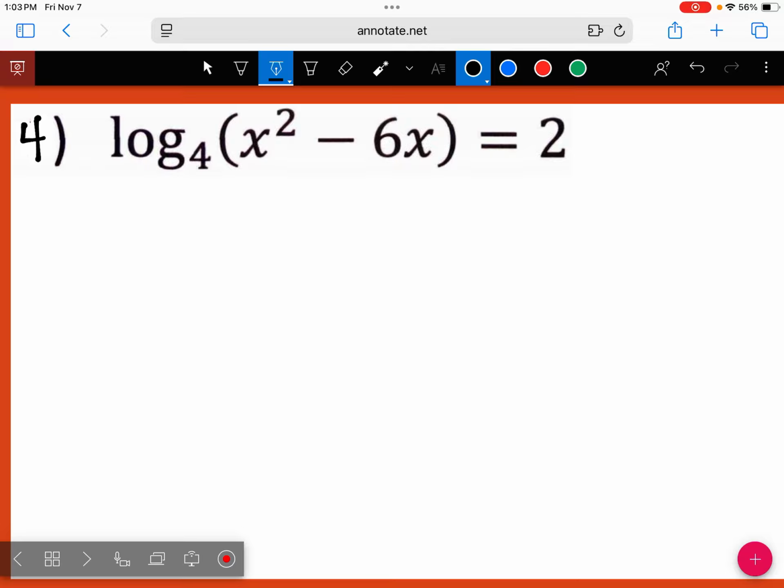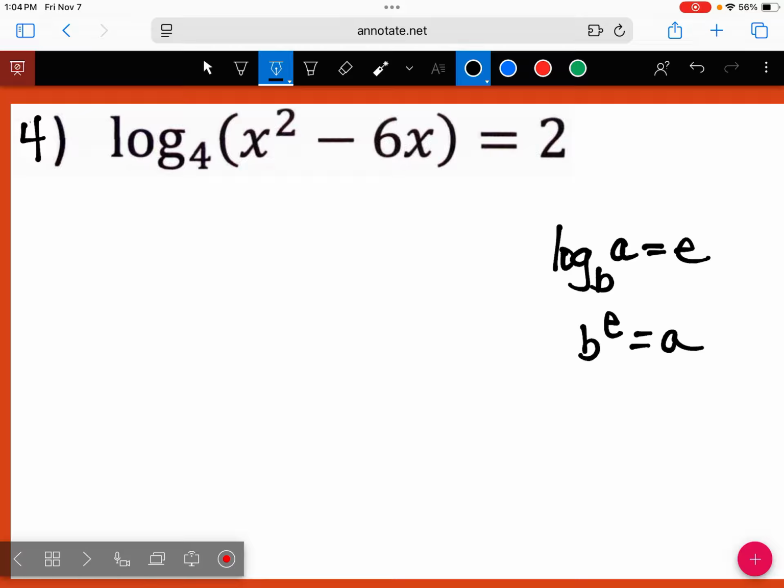So what do you think we're going to do with this one? No, never do that. That's horrible. We're going to rewrite it. So we're going to change it because remember, a log base b of a equals e, and we're going to write it in exponential form, which would be b to the e equals a.